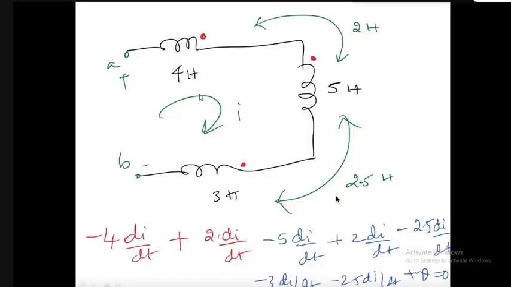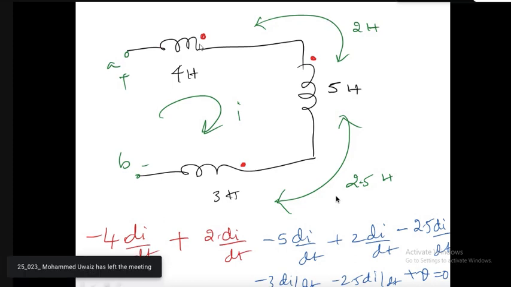Minus 4 into di by dt is the self-induced EMF in the coil of 4 Henry. In this coil, the current is leaving the dot. In the second coil, the current is entering the dot. As a result, the mutually induced EMF will have to oppose the self-induced EMF in the first coil and also in the second coil.